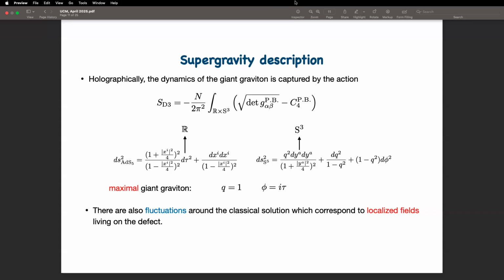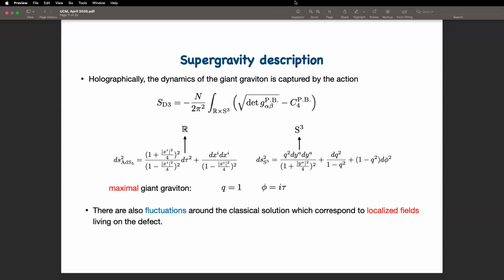And now, to describe more details, you give the metric, which is written in such a way as to manifest the geometry. Okay, so here I've written the AdS part into 2 terms. This tau is parameterizing this R, and these xi are the directions orthogonal to the geodesic line. So this line is actually in the Poincaré coordinates.